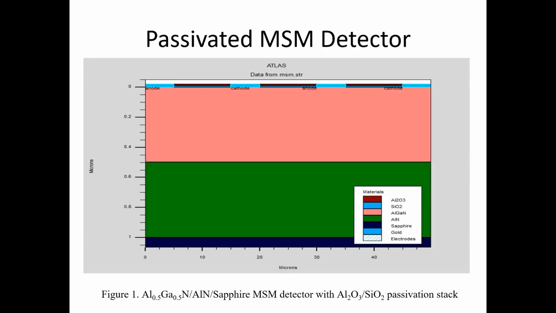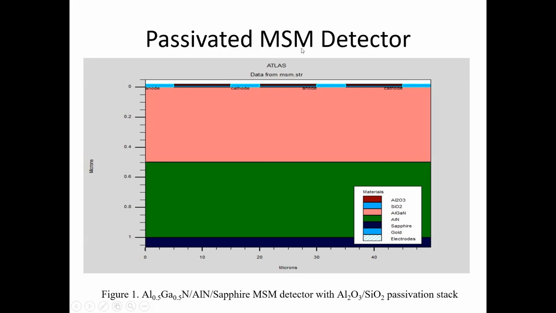So this is the passivated MSM detector, where we can see that the topmost layer, which is sky blue in color, is the gold metal electrodes, which are also known as Schottky contacts for the detector.